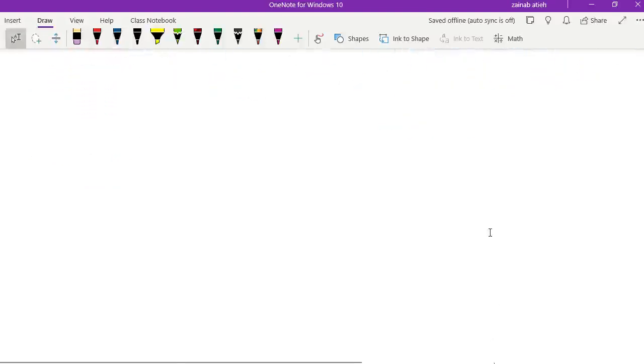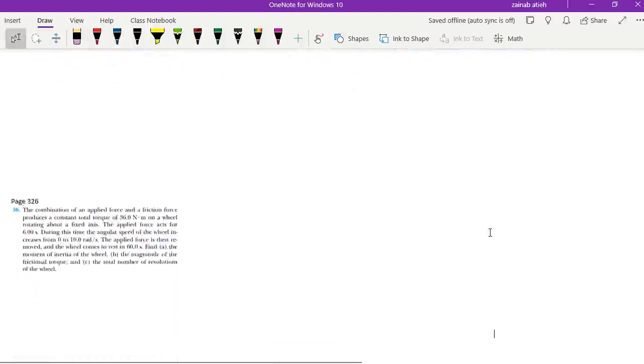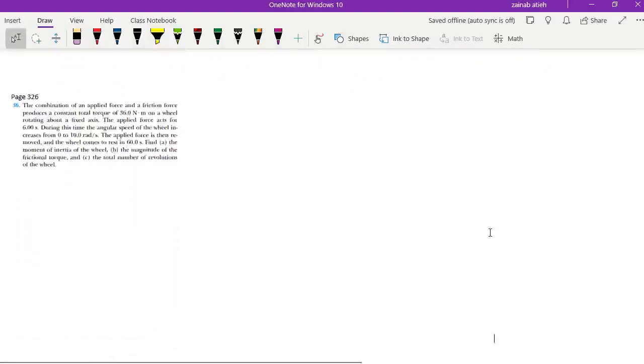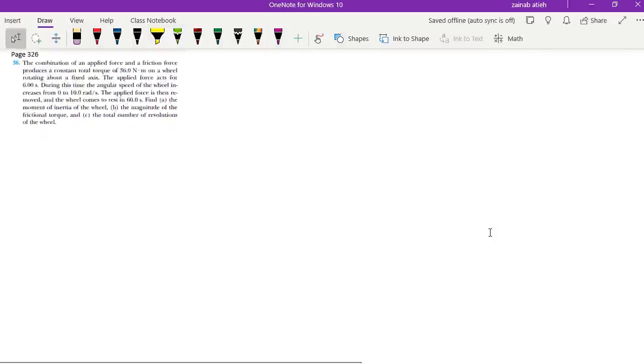I will move now to a new problem, which is 36, page 326, so we are still on the same page. The combination of an applied force and a friction force produces a constant total torque of 36 Newton meter on a wheel rotating about a fixed axis. So let me write the given.